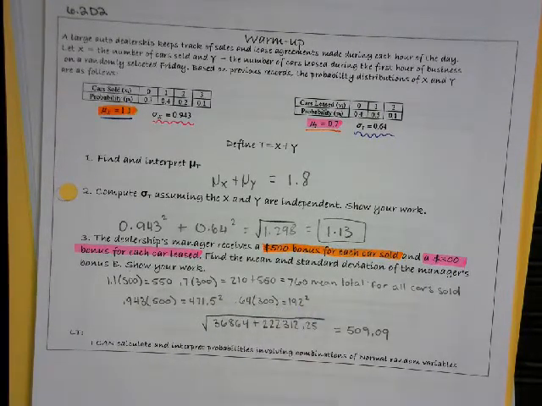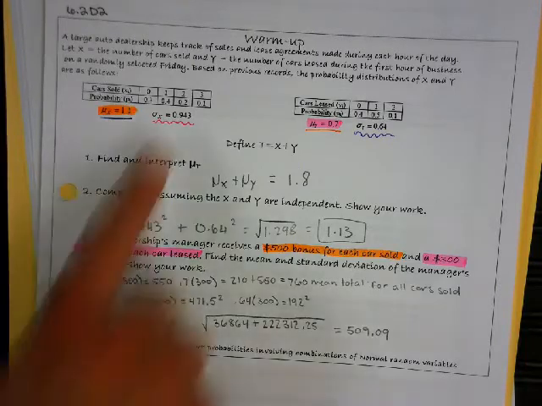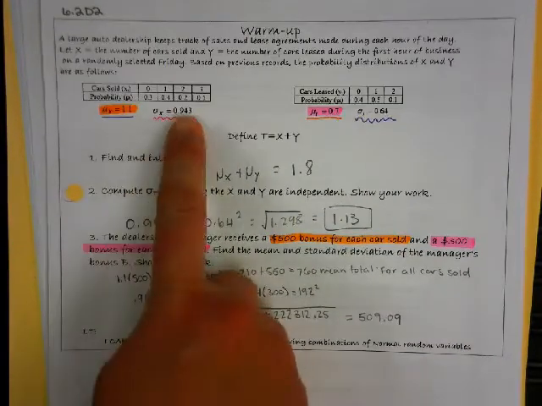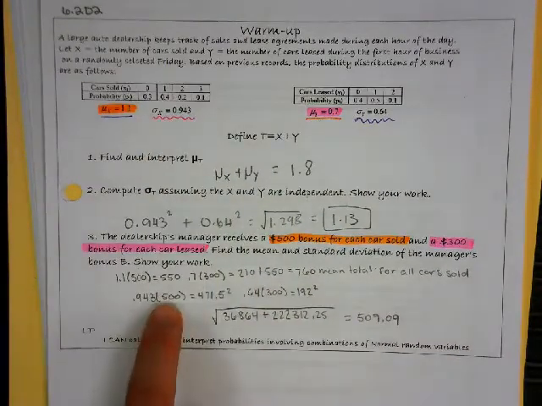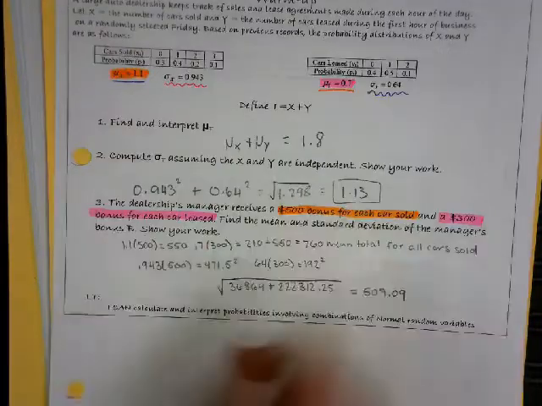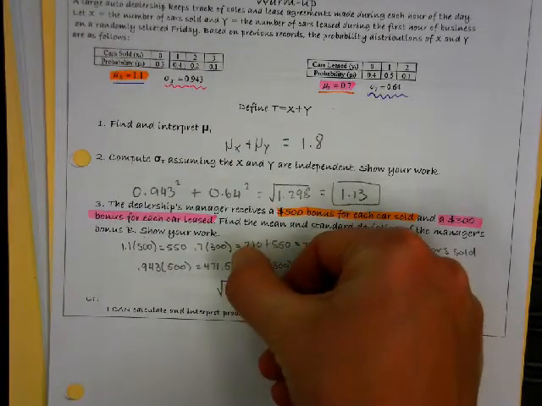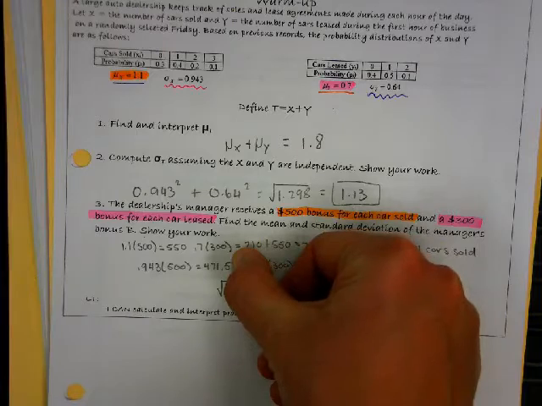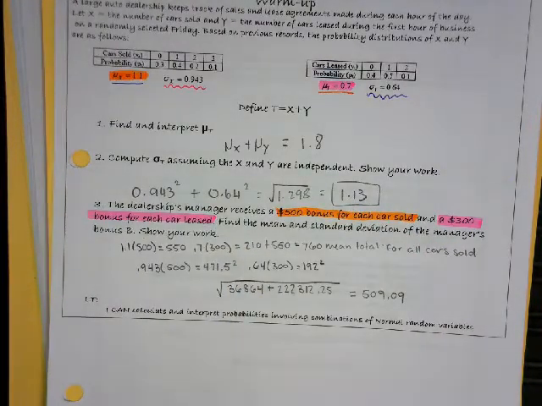For the standard deviation, you multiply. So she took the standard deviation for cars sold times the $500 bonus, which gave her 471.5. We can't add standard deviations, so she squared it to make it a variance.